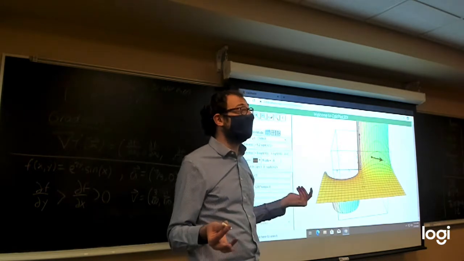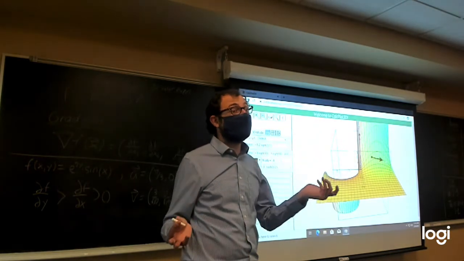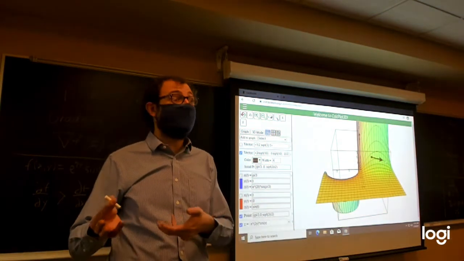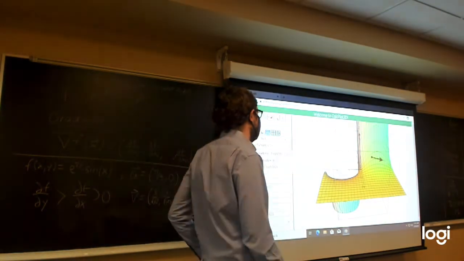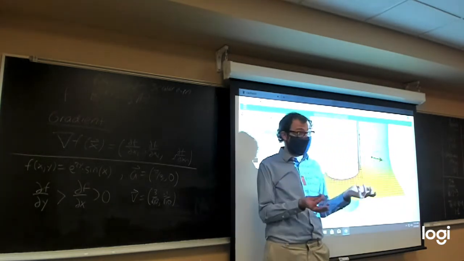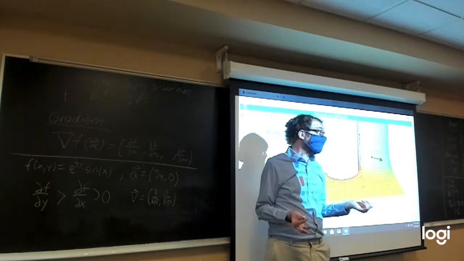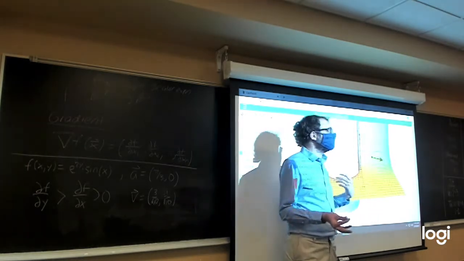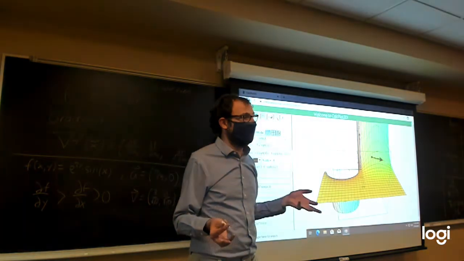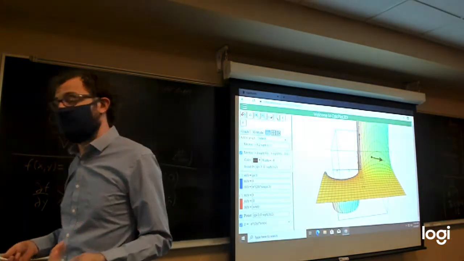How can you find the slope of a function in directions other than just towards the positive x-axis or the positive y-axis? Because technically, if we're standing on a point on a surface, there are infinitely many directions we could be traveling in. So we're going to look at how you find the slope in directions other than the directions that del f del x and del f del y point to.